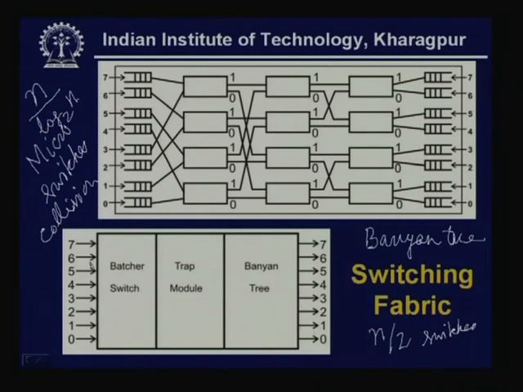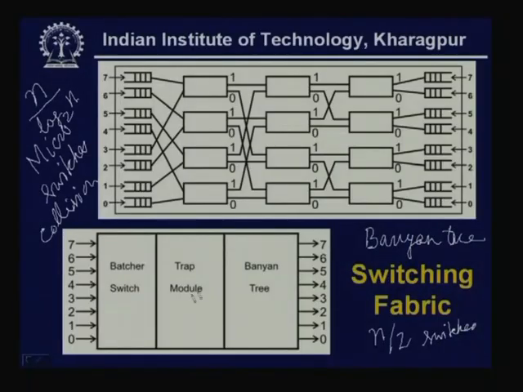That means all the inputs are reshuffled based on the destination lines. Unfortunately, there is a possibility that some of the cells coming from some of the inputs may have the same destination port, so they cannot be sent simultaneously to the Banyan tree.